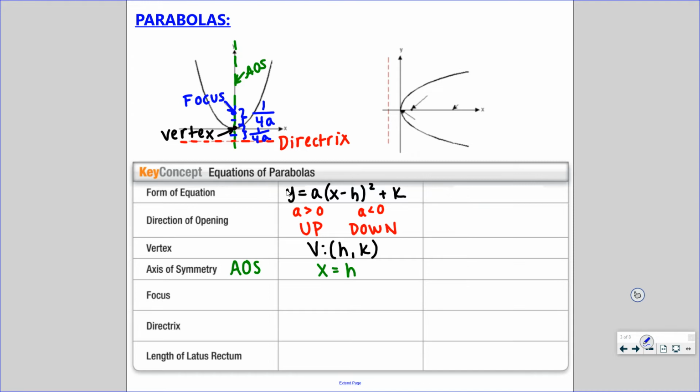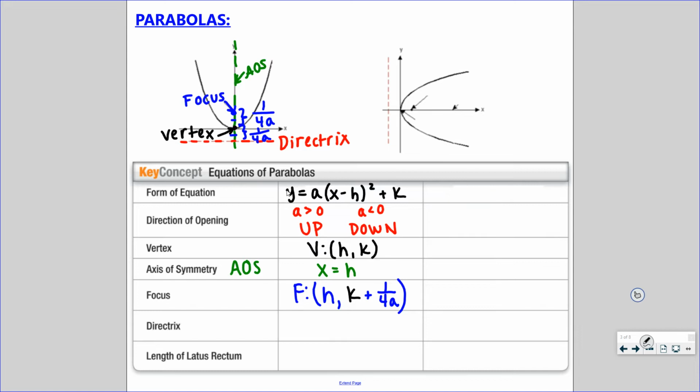So the x-coordinate of the vertex is going to be the same as the x-coordinate of the focus, because it's always going to be on the axis of symmetry. So where this focus is located is whatever the vertex is plus that 1 over 4a distance. Or minus if it's a U down, but we'll adjust that.